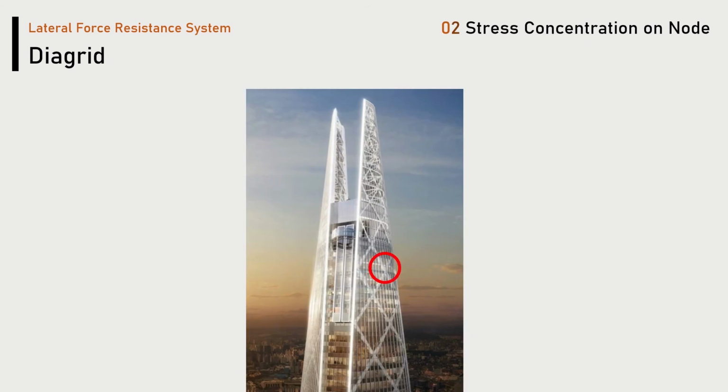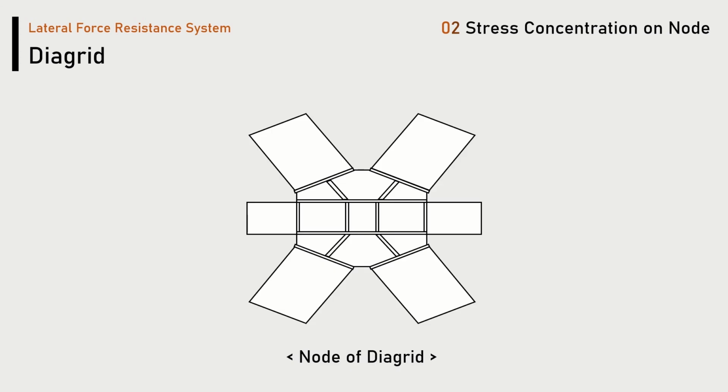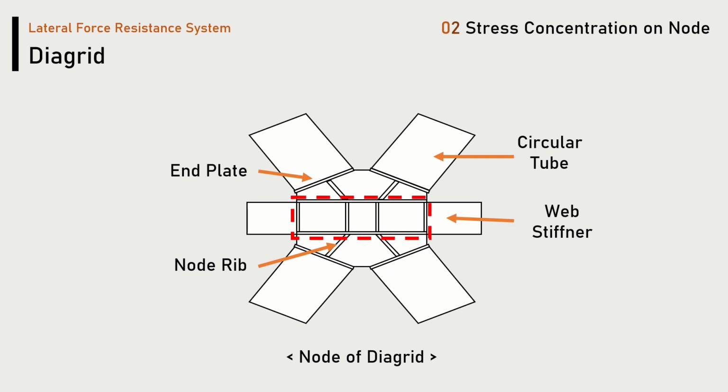Second, it is a stress concentration phenomenon that occurs at the node of the diagrid. Enlarge the part where the diagrid of Lotte Tower connects. The following junction exists. First, the components of the junction of the node are as follows: end plate, node lip, circular tube, and web stiffener. Among these, the stress is concentrated at the tube, end plate, and lip part.